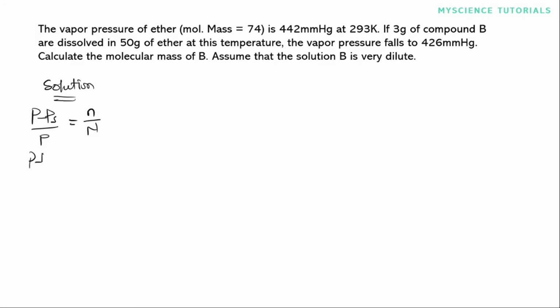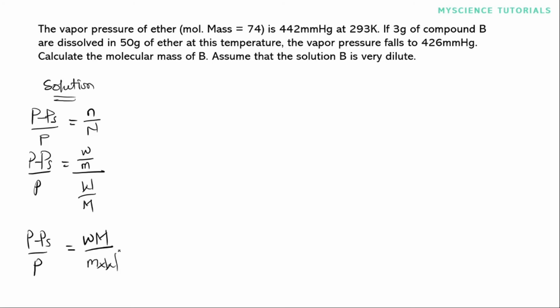The moles of the solute is small w over small m, divided by capital W over capital M, which means P minus PS over P, if we resolve everything, is equal to small w multiplied by capital M over small m multiplied by capital W.